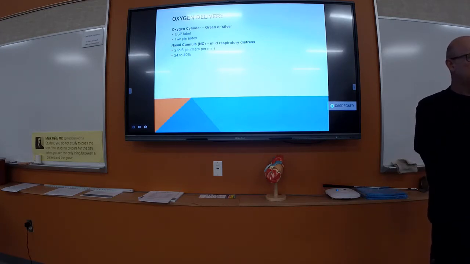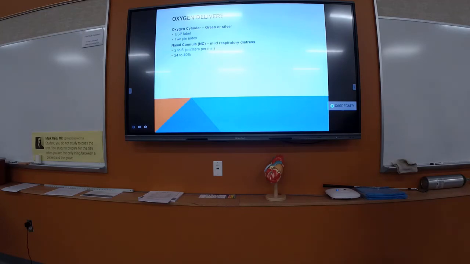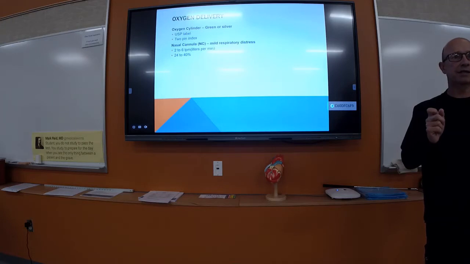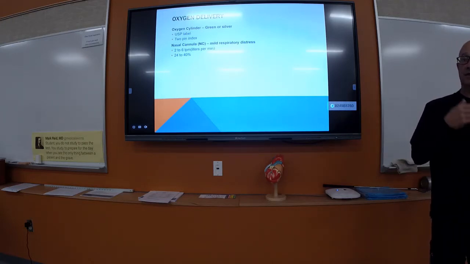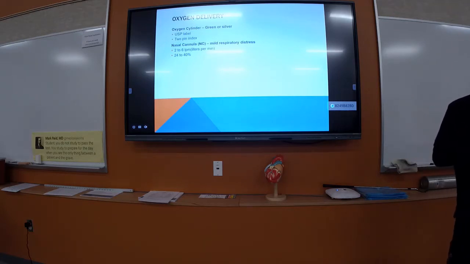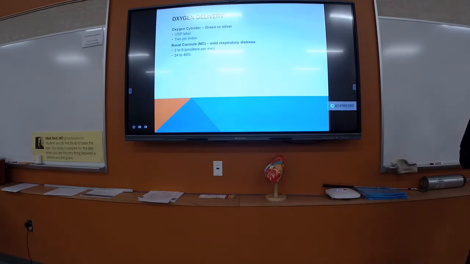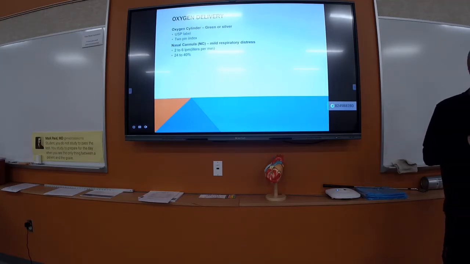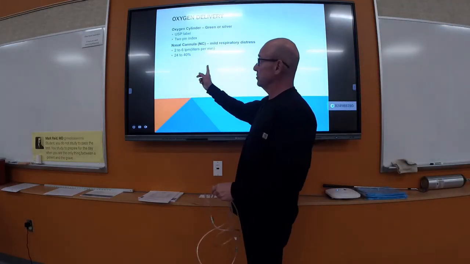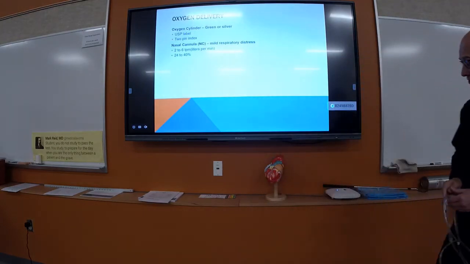On a scale of 1 to 10, this person would be like a 2 or a 3. Or maybe they're having 4 or 5 word dyspnea, where they're having to take a breath every 4 or 5 words. That's sort of mild. Severe dyspnea would be one word dyspnea, meaning they have to take a breath every word. And so the nasal cannula is widely used for mild respiratory distress.